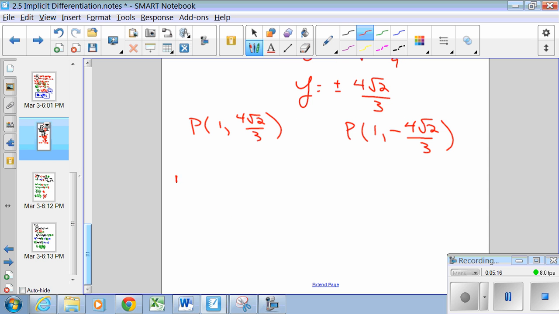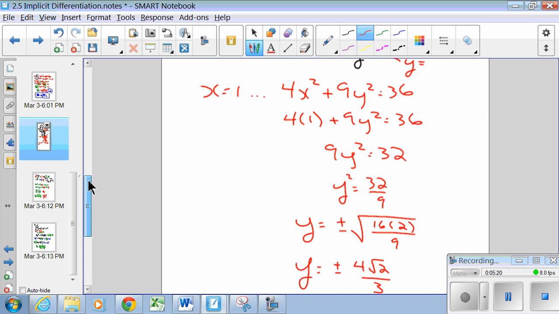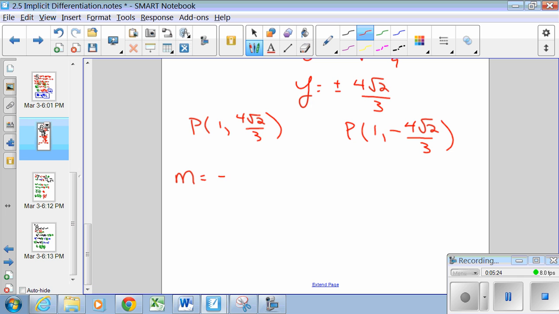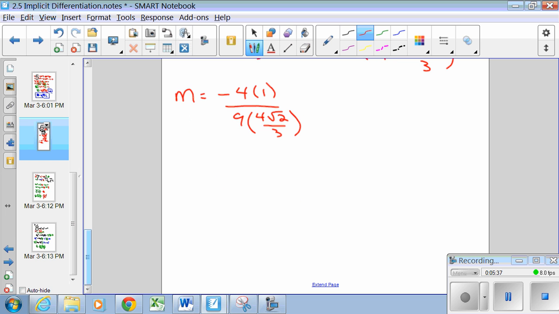The slope, which is my derivative, is negative 4x over 9y, negative 4 times x over 9 times y. If I simplify this a little bit, the 9 and the 3 cancel out right away.